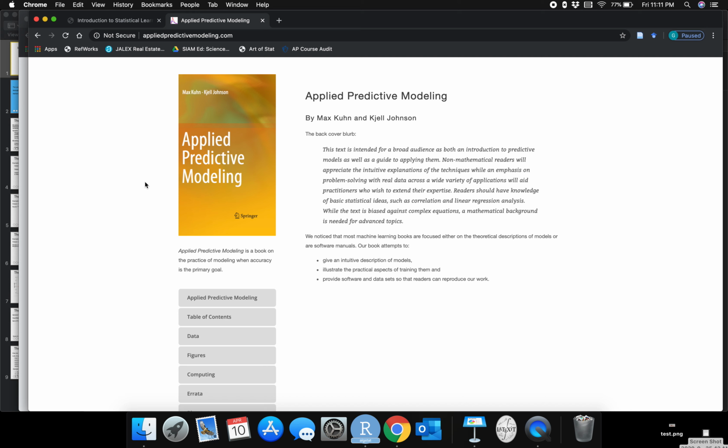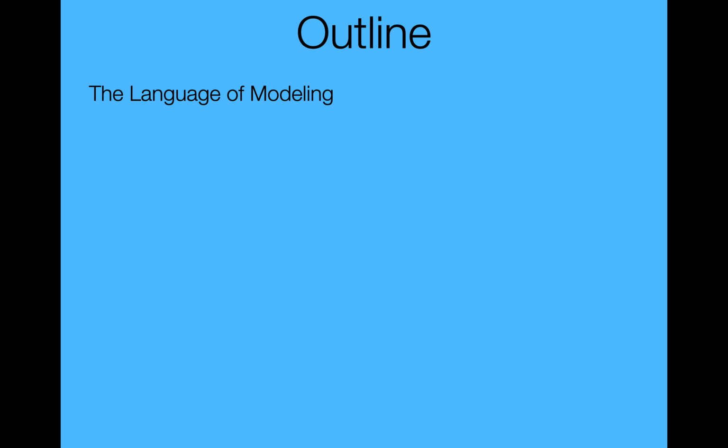What we're going to start to talk about in this set of slides is really the language of modeling. So what does modeling mean? I took the term the language of modeling from some courses that are similar to this, but I think it's a good start. What is modeling and what sort of words do we use in modeling?